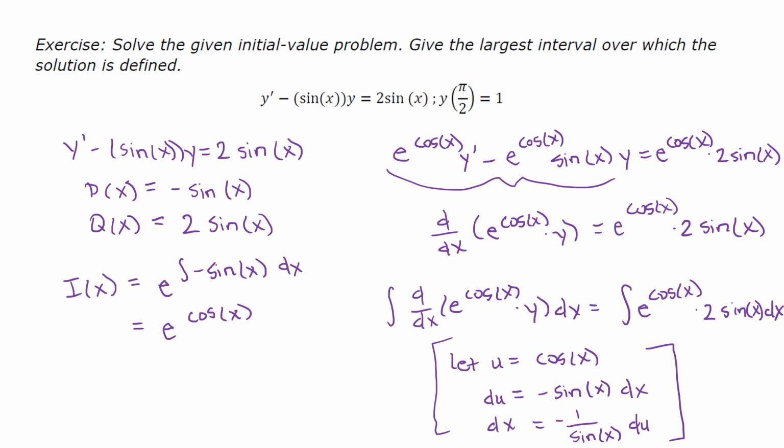So let's do that. So on the left-hand side, let me rewrite our integration here for us so that you can see how it's connected.